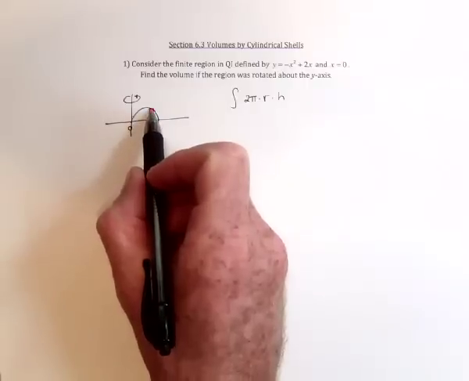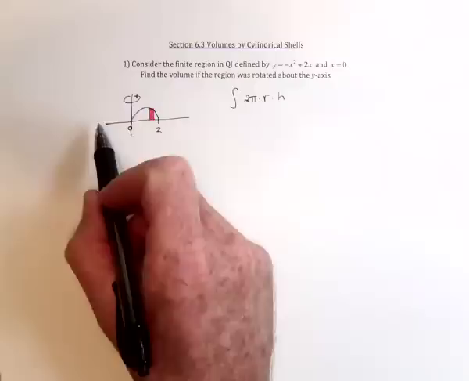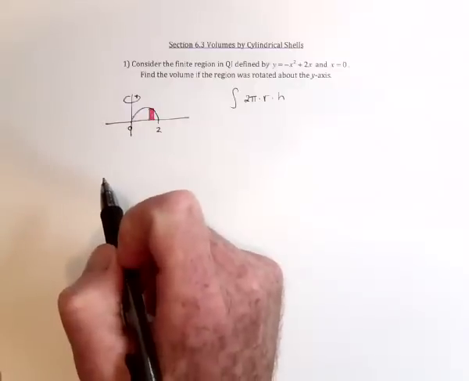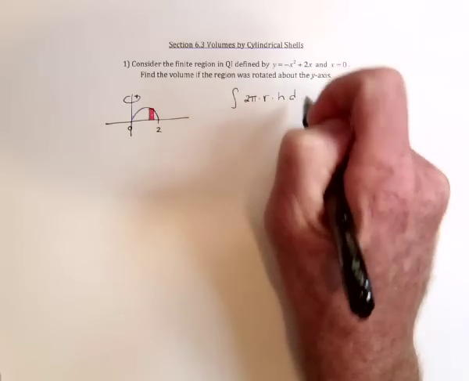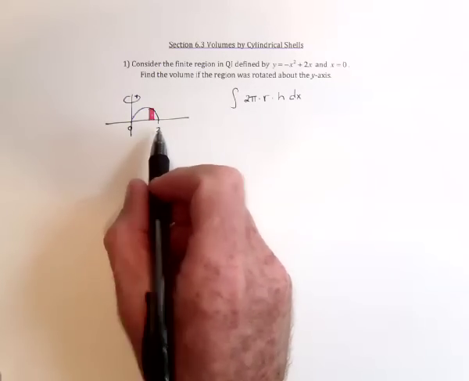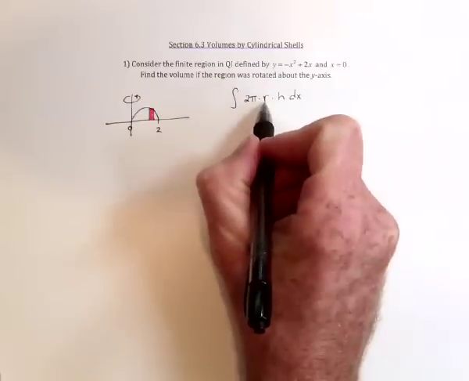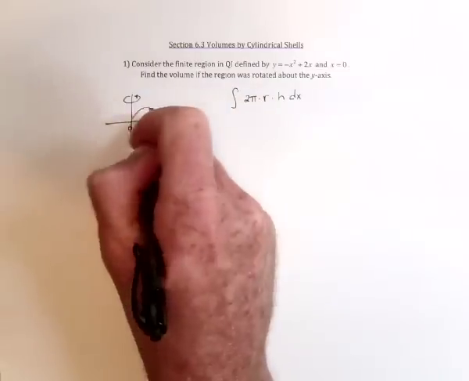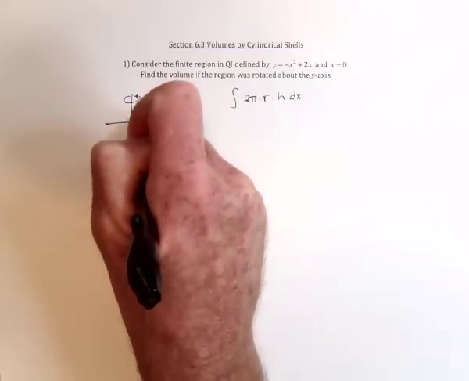The radius is how far you're holding it out, and then 2 pi is going to give the volume of that particular shell. And then add all those up. So in this case, it's going to be with respect to x, and x going from 0 to 2. So it's important to remember that the axis of rotation, from the axis of rotation out to the object, that is r.